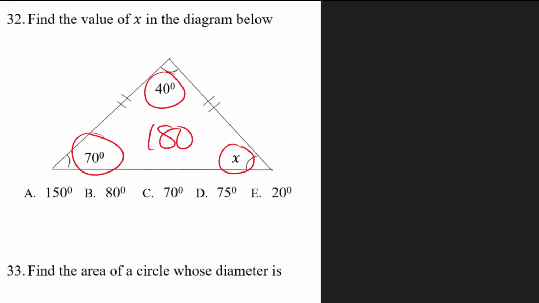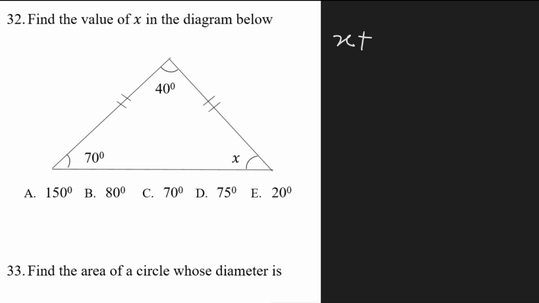So now we're going to use that to our advantage to get this x, since the other angles have been given as 70 and 40. So we know that the sum of all the angles, x plus 40 plus the other angle 70, if you add all of them, we're going to have the total of what? 180 degrees, since the sum of angles in a triangle is 180 degrees.